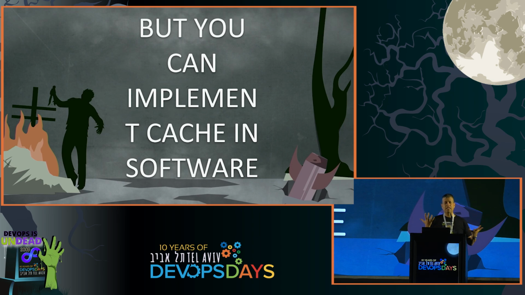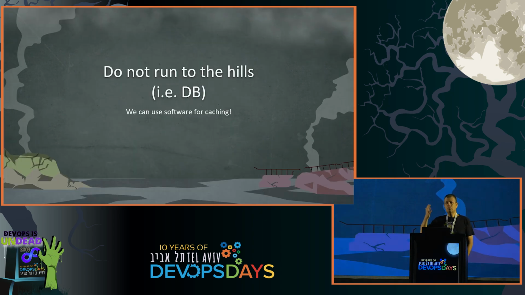It's very suitable for rapid cache, for example, a lot of API calls, a small amount of data, and a short period of time. If you need cache in those use cases, don't run to the hill. Don't go first to the database solution. Maybe think about the software solution.